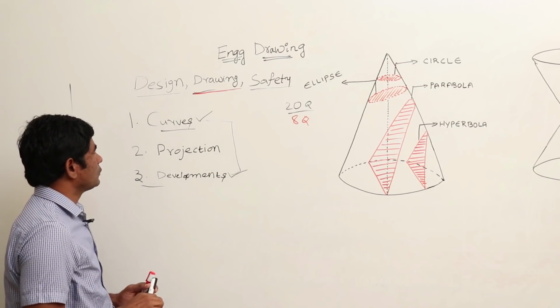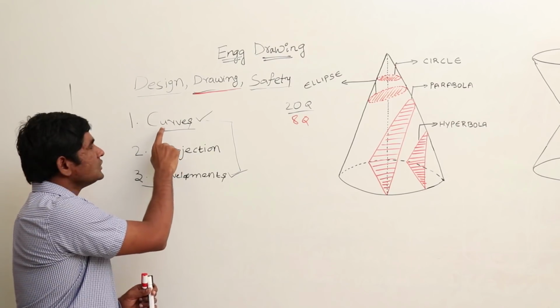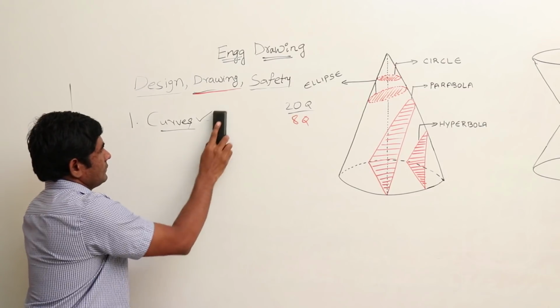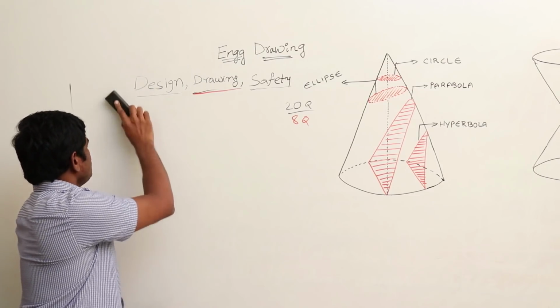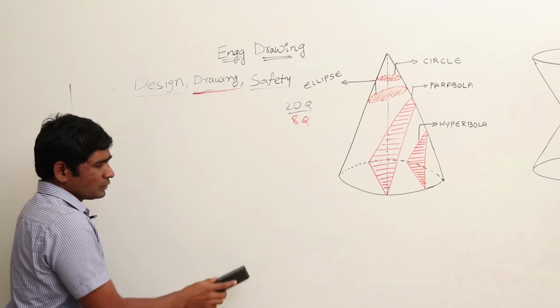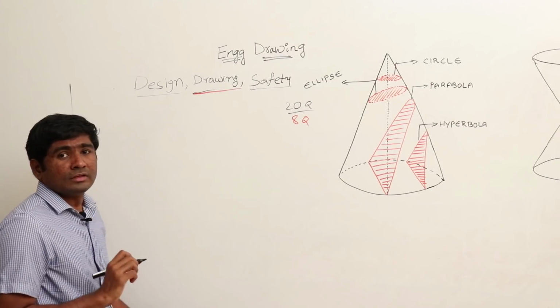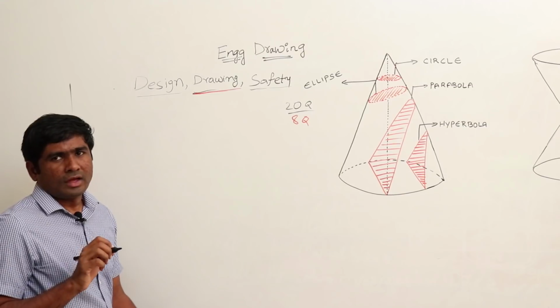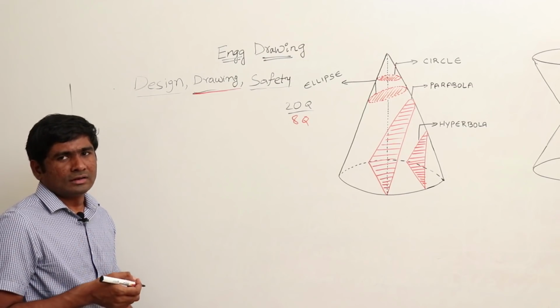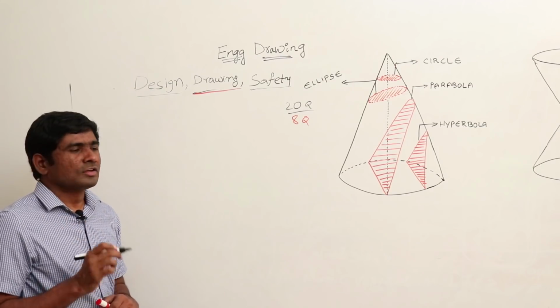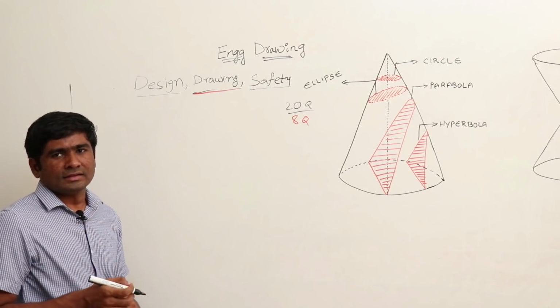First I will start with the engineering curves. In engineering curves, we have many curves, starting from the conic curves, and after that we will come across cycloids, then involutes, spirals, and then helix.